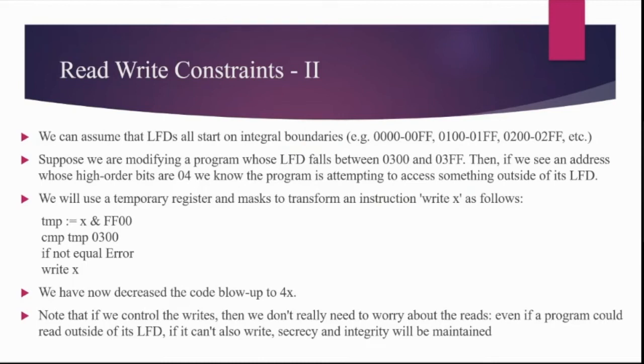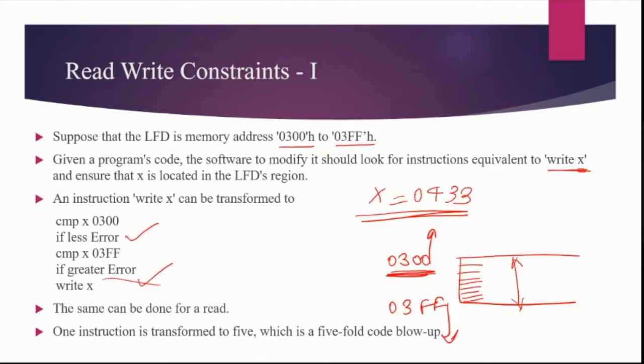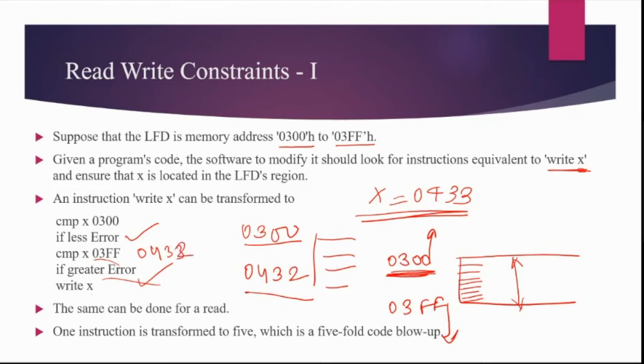So people suggested that in this case we can have an address like 0300 to 0432. This is also a possible address space. Okay. So in this case, we will check with the lower bound and the upper bound. Here we check with 0432. Okay.